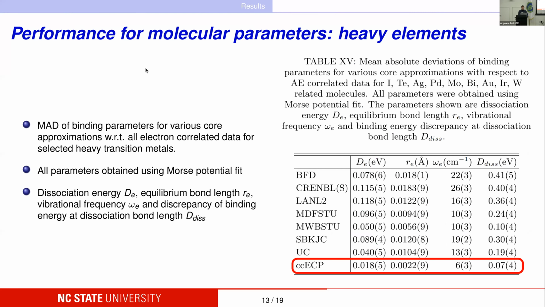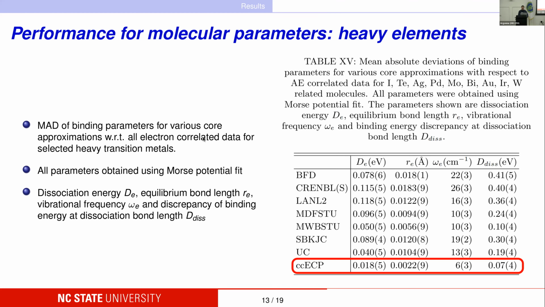So moving on, this is the same sort of figure I showed with the softened pseudopotentials, except this is now comparing all of the other tables. And as you can see at the very bottom, the CCECP performs as well as or outperforms most of the other ones on this list. We can see that our discrepancy from the binding energy is around 20 meV on average.